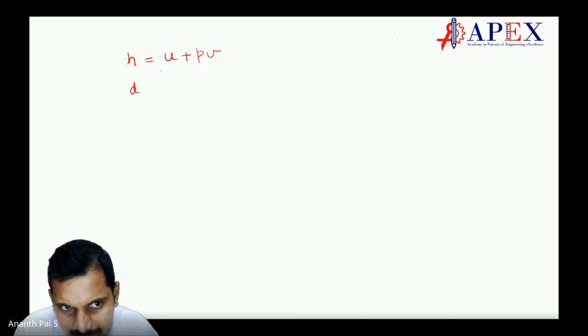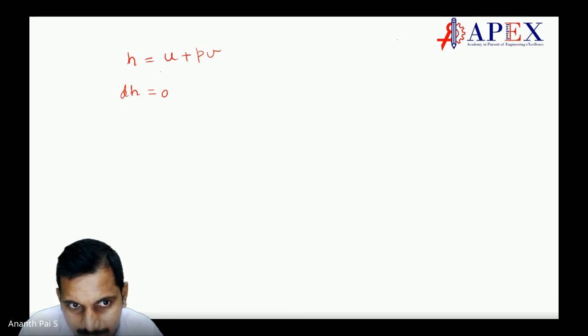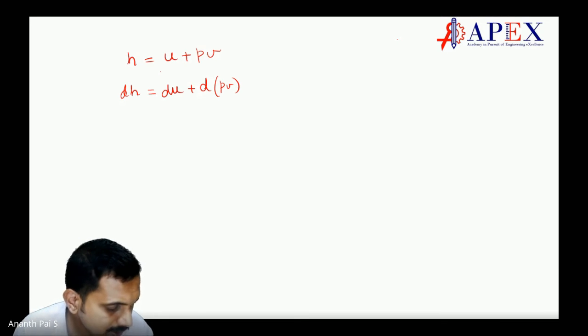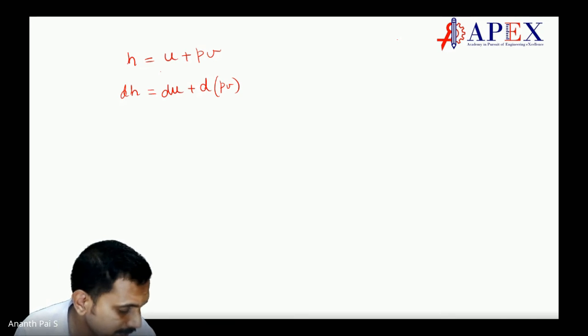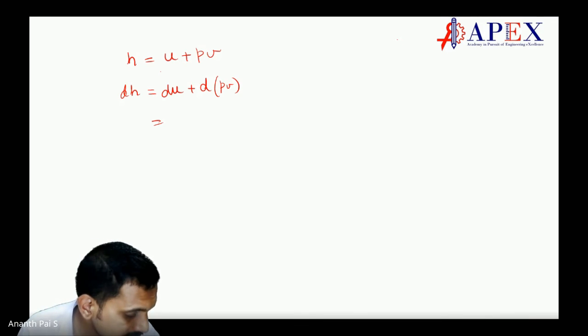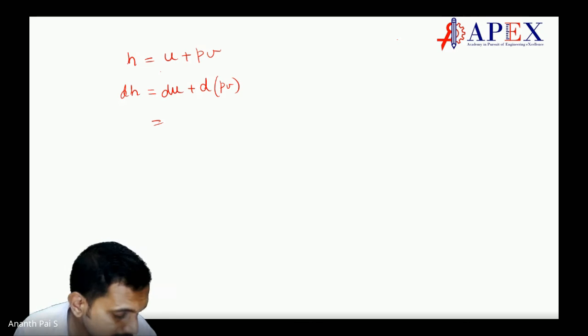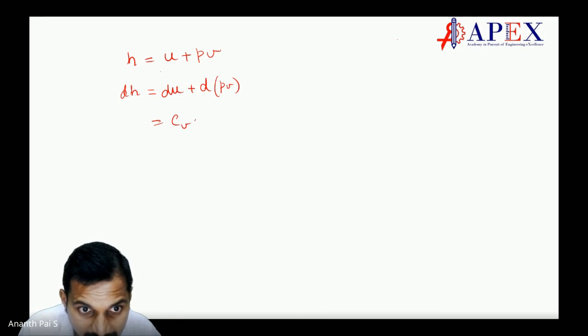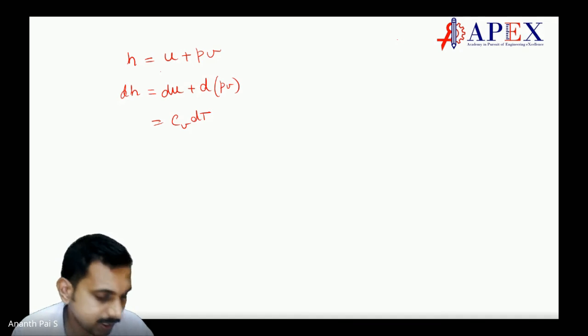Now if I consider dH, dH can be written as dU plus d of PV. Now dU I can write as Cv dT, correct?